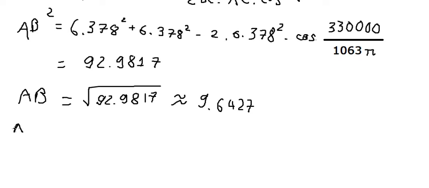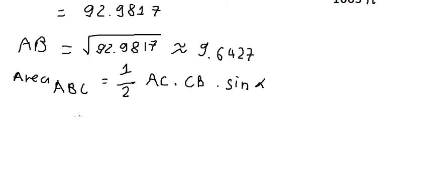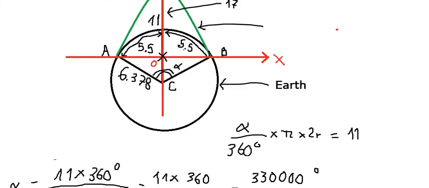So the area of ABC is about 1 over 2 multiplied by AC and CB multiplied by sine alpha, and we know that the area of ABC equals 1 over 2 multiplied by OC multiplied by AB.